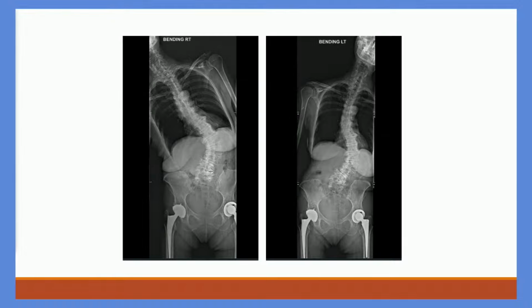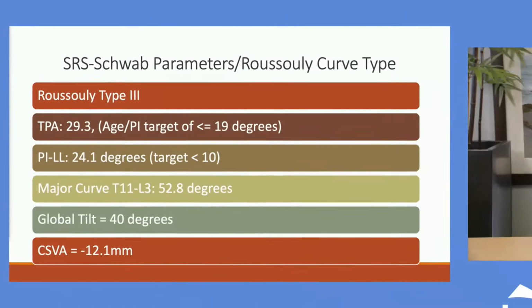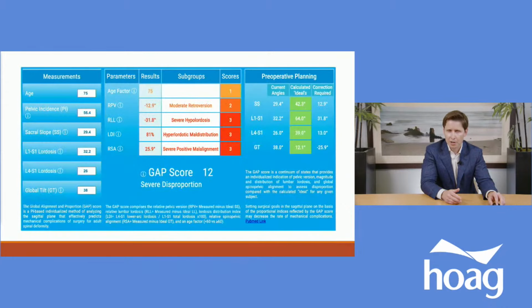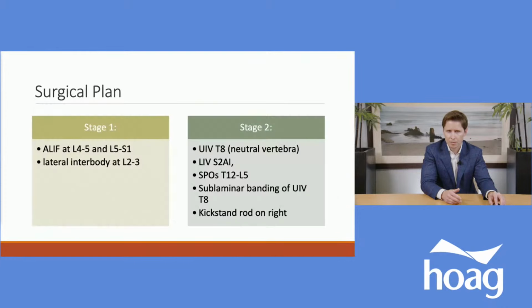This is important for preoperative planning and to establish which regions of the curve need to be fused. We see here a breakdown of the patient's deformity and other parameters as we've discussed previously. We see the patient's gap score here showing severe disproportion.